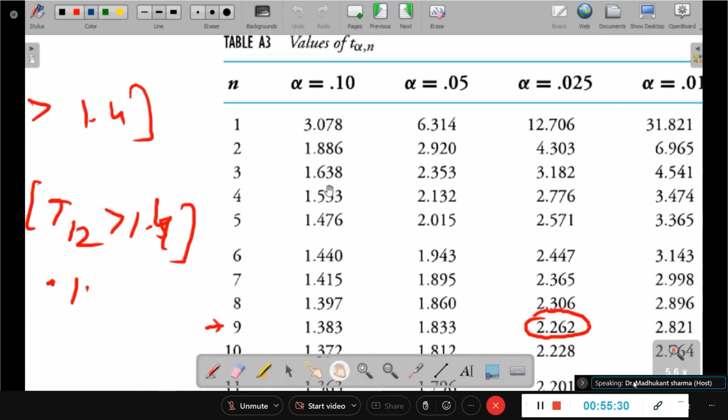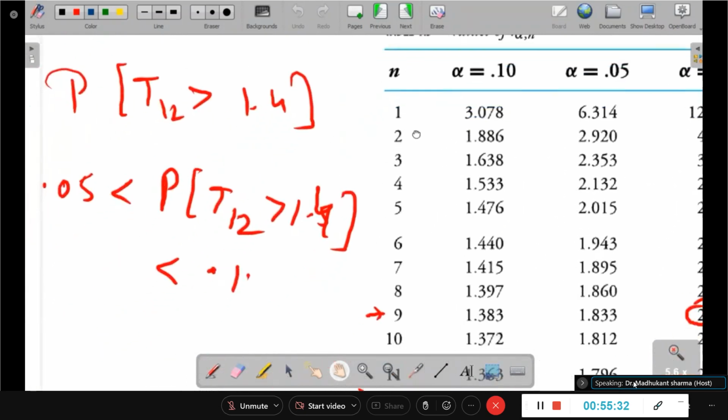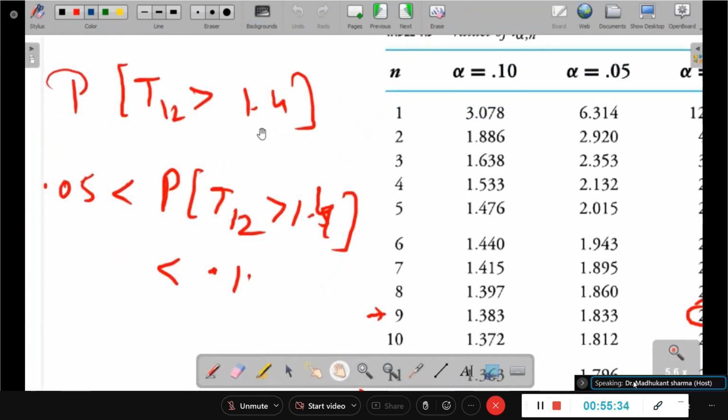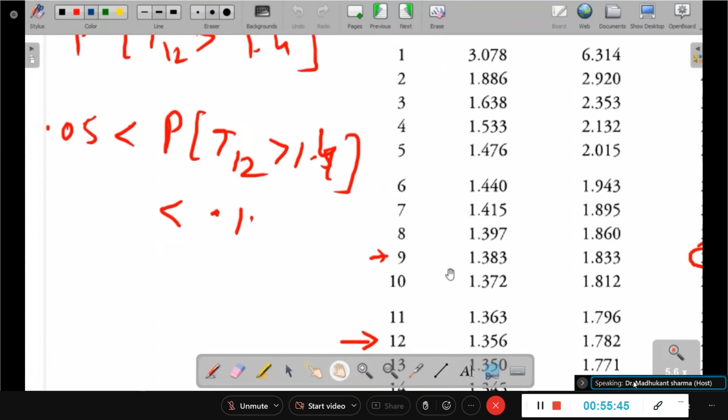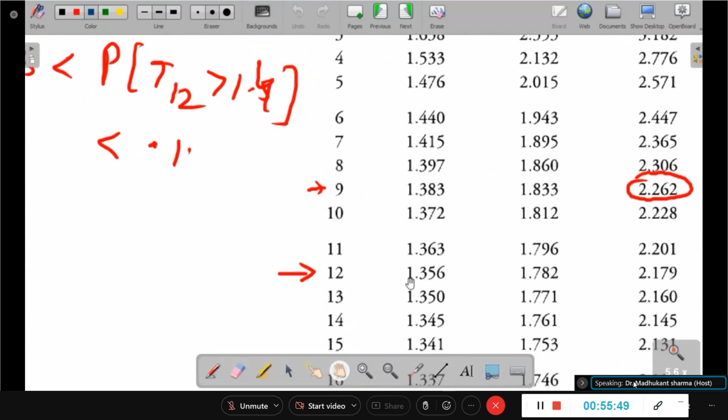So what you are trying to identify is the probability that T12 is greater than 1.4, which means n is equal to 12. So certainly you have to look at the 12th row. The 1.4 value lies between 1.356 and 1.782.